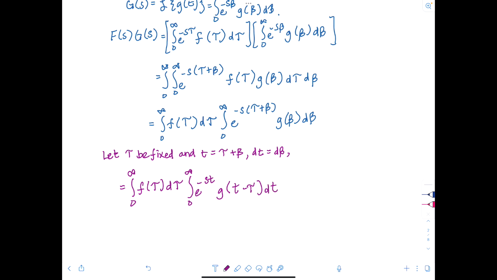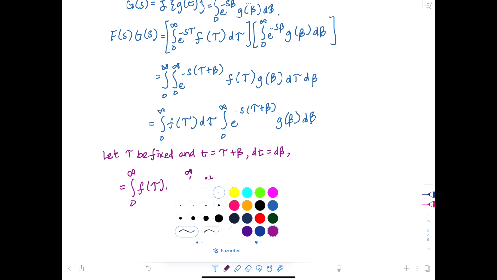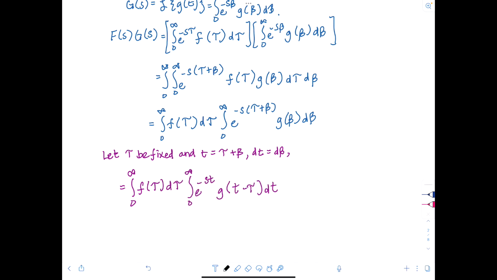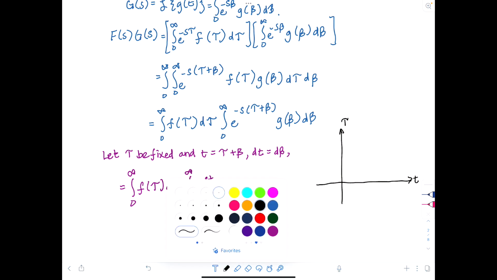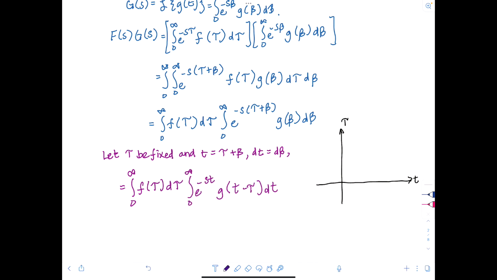So here's what's going on if we're looking at the t-tau plane. We've made a switch. If this is our tau axis and this is our t axis, and for tau equal to some t, for tau equal to t, you'd have this graph here.